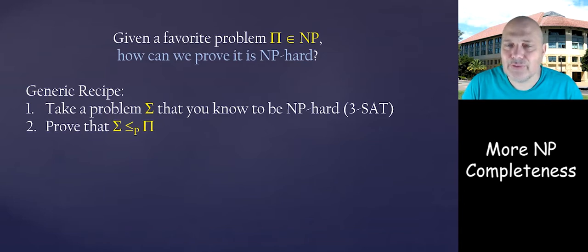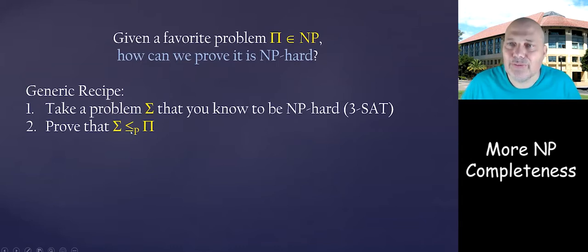Sometimes it's confusing which problem reduces to which. What we have is that sigma reduces to pi, so kind of from left to right, and the smaller-or-equal sign in some sense means that sigma is not harder than pi. It is weaker or equal.